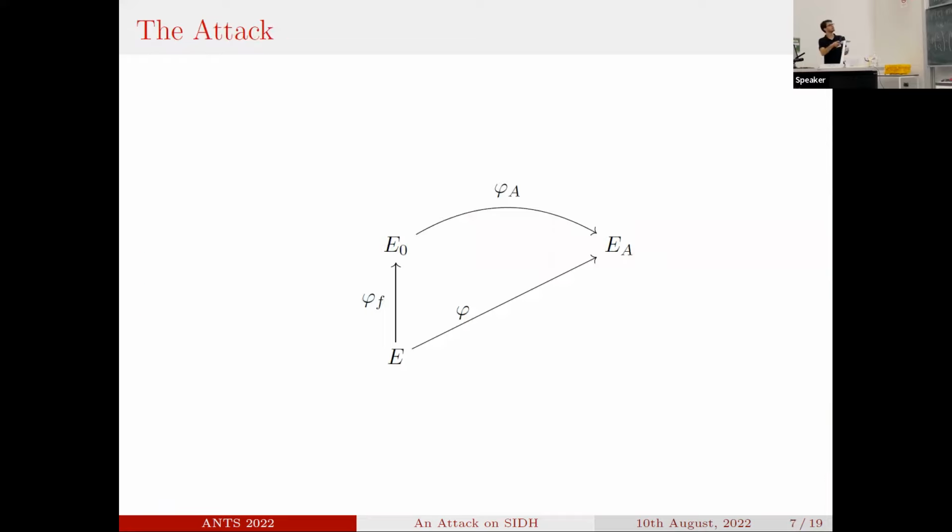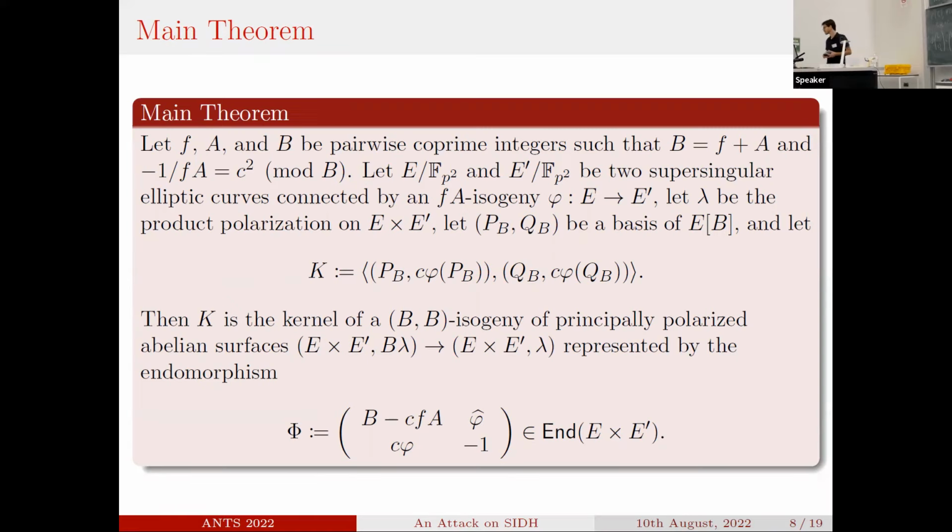That's the reason why we need to compute this cofactor isogeny. And then we have the description, as I explained, of the kernel. Having this technical requirement in the theorem, we can retrieve this endomorphism.